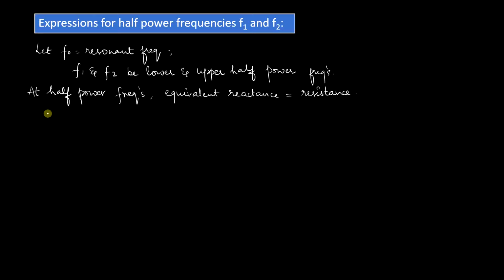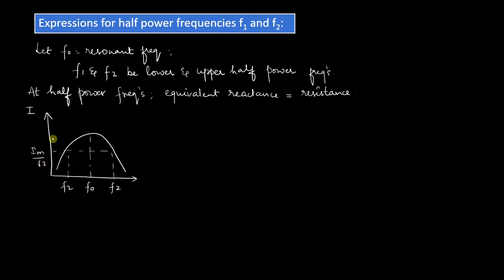So let me draw the graph once again to show the same concept. I need to consider my frequency f0, half power frequencies f1, f2, the current here to be equal to Im by root 2, maximum value of current is Im, this is f.